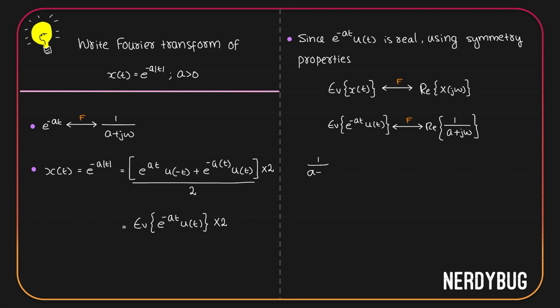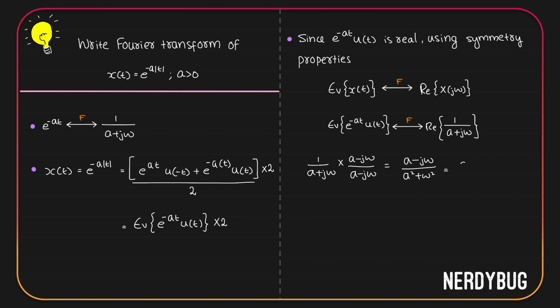We know 1 by a plus j omega can be written like this, multiplied with a minus j omega divided with a minus j omega. So on the numerator, you get a minus j omega. On the denominator, you get a plus j omega multiplied by a minus j omega is a square plus omega square.